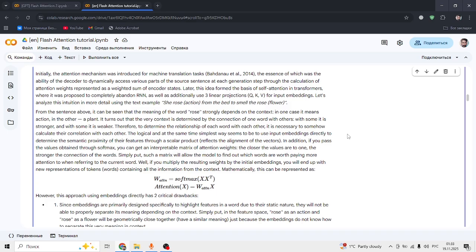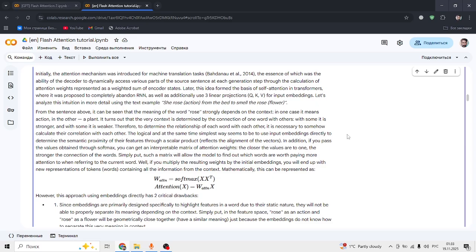In addition, if we pass these values through a softmax, it can give us an interpretable matrix. On this matrix we will look at attention weights, which will show that the closer these values are to one, the stronger the connection between words.